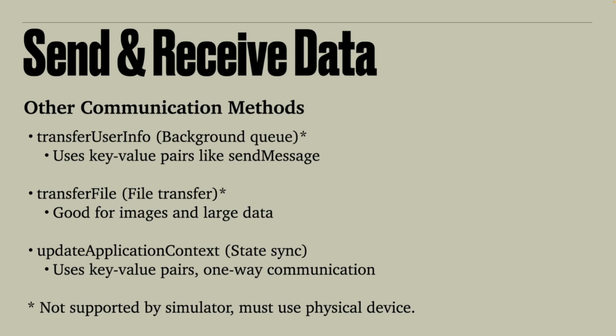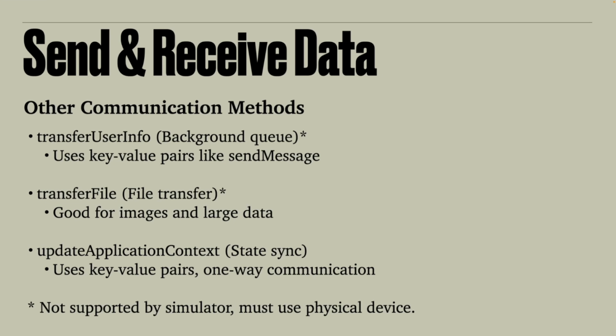Transfer file is very similar to our message data. It's good for images, large data. Works essentially the same, but it does it like the transferUserInfo. It does this in the background rather than in the foreground. And then our updateApplicationContext is just a way to keep things synced.